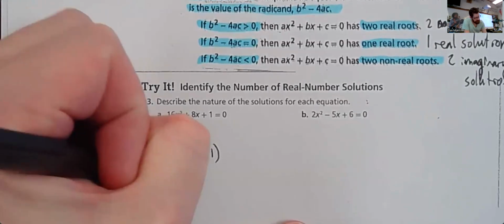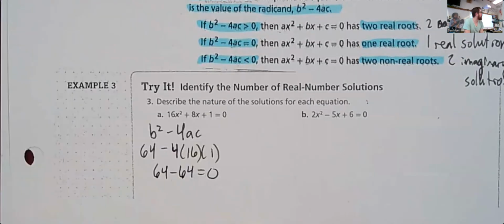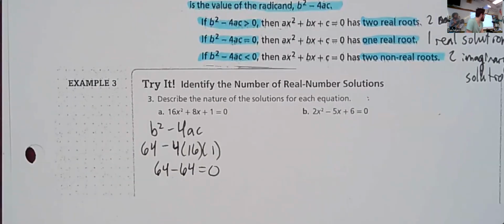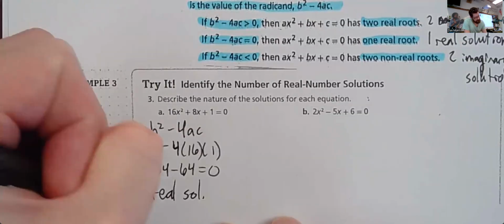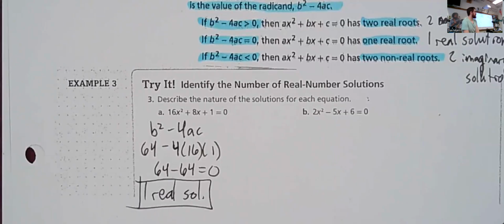So that would be 64 minus 64 equals 0. The value of the discriminant is 0. How many solutions are there? What type of solutions are there? One real solution. Good. That is all you have to do for a problem like that. Very quick. Do the next one on your own.